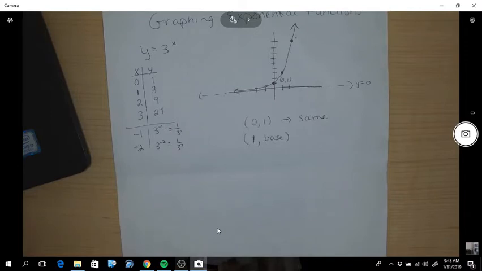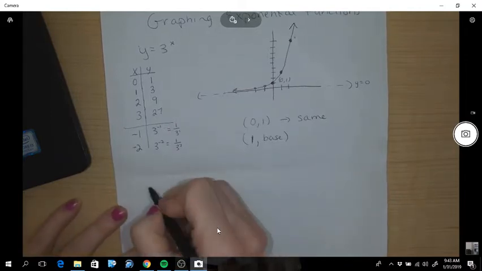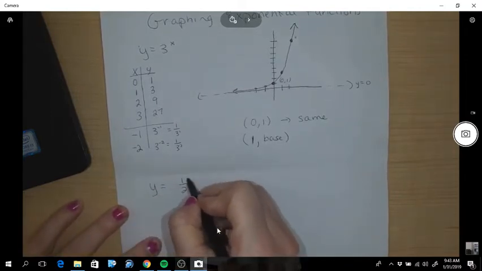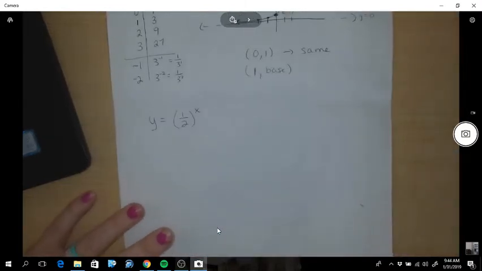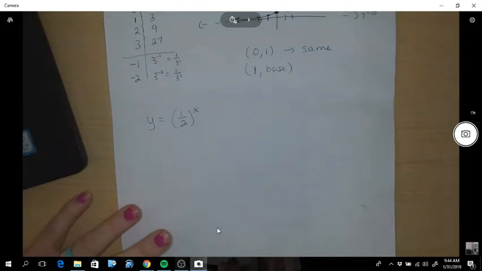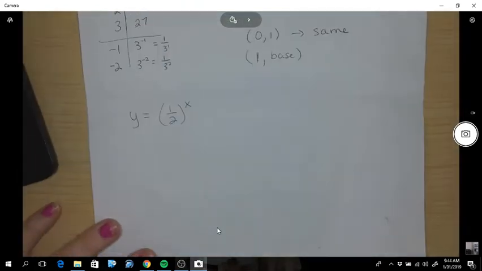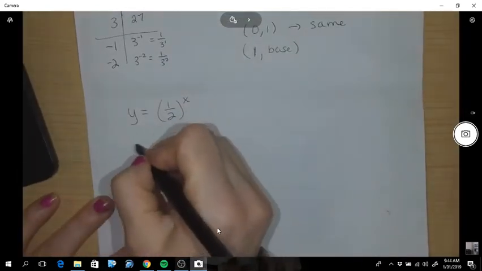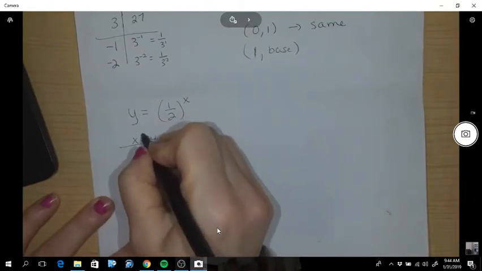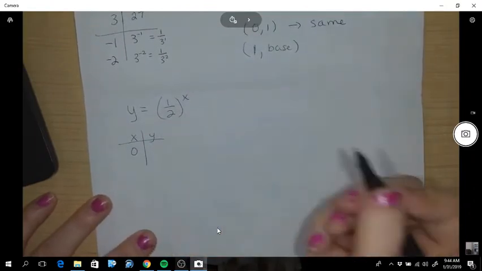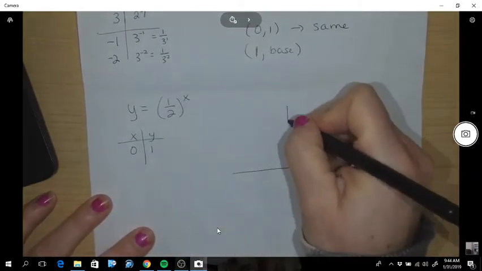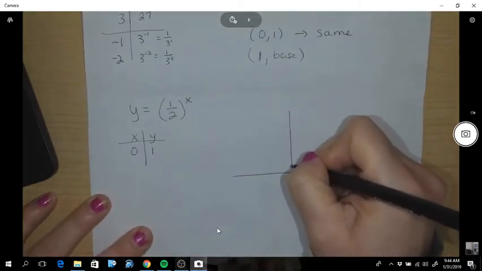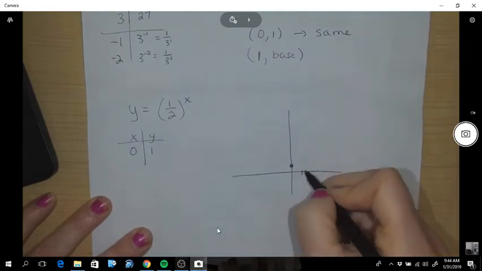Okay, what if I give you a fraction? So y equals 1/2 to the power of x. So this time, let's do a little bit of a chart again. So again, 0, 1/2 to the 0 is 1. So like I said, you always have that point.